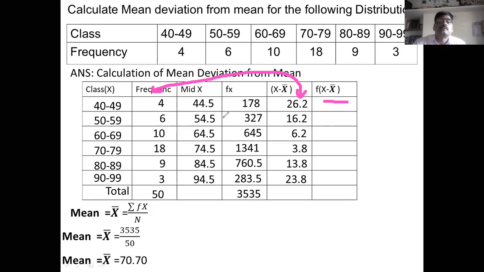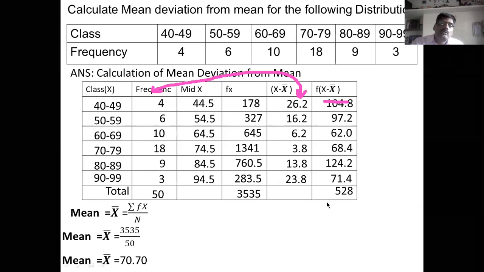Now you multiply. First is 104.8, 97.2, 62, 68.4, 124.2, 71.2, total 528. This is the total.